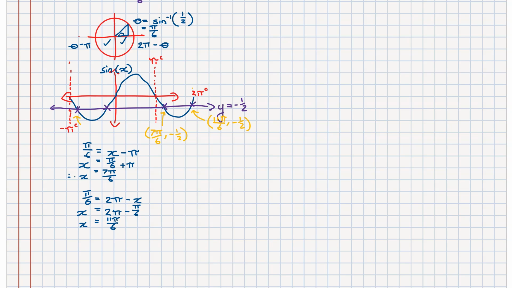So these two that we've just found, they're on the downward swing after pi radians here. What we need to find is these two solutions here. So how do we do it?